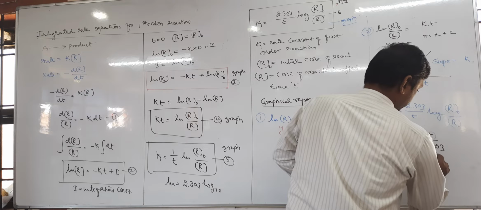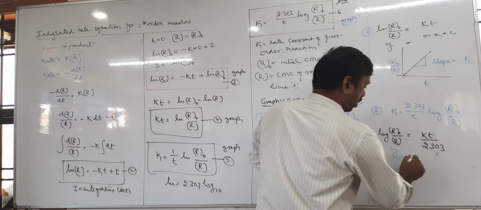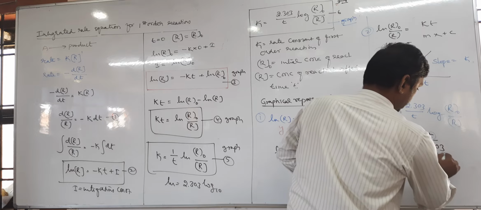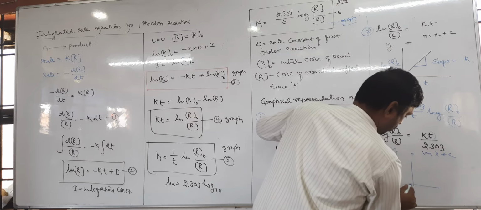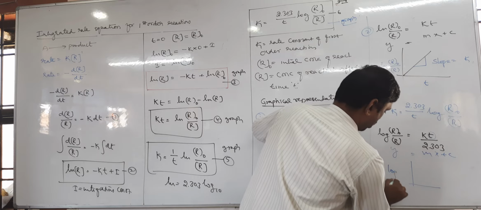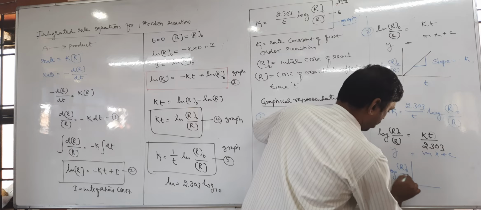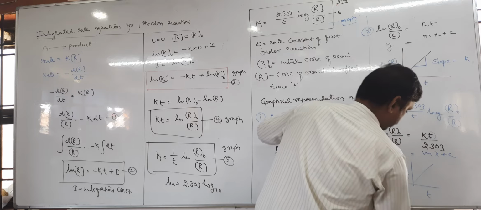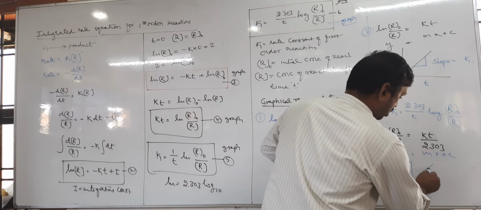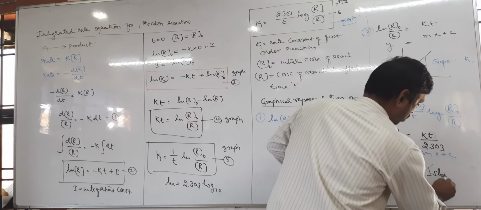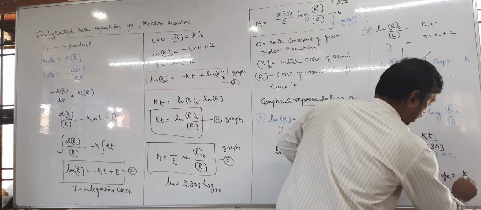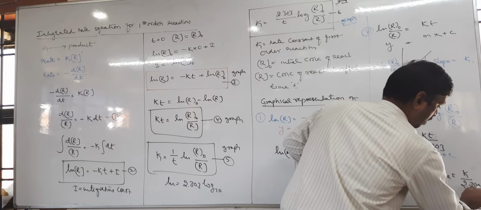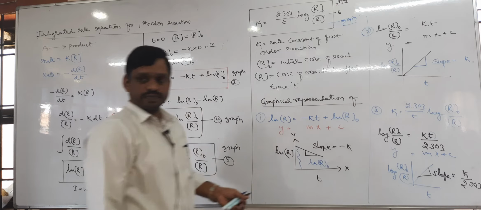Therefore y equals mx plus c, where c equals 0, so it is a straight line passing through the origin, and the slope is equal to k by 2.303.